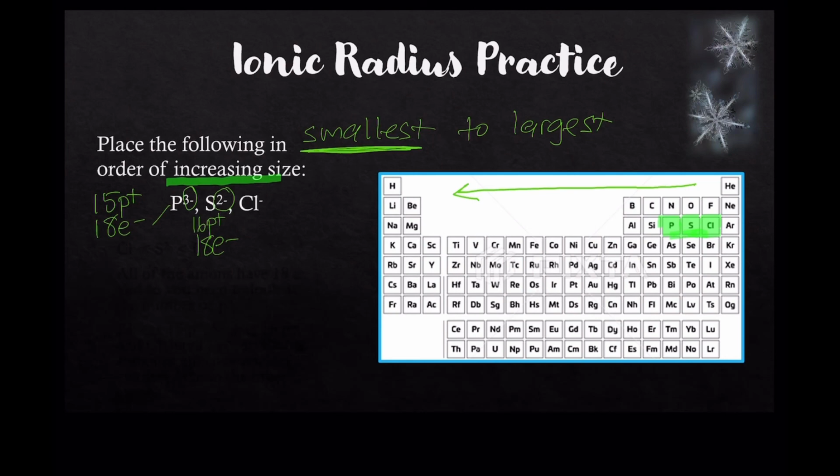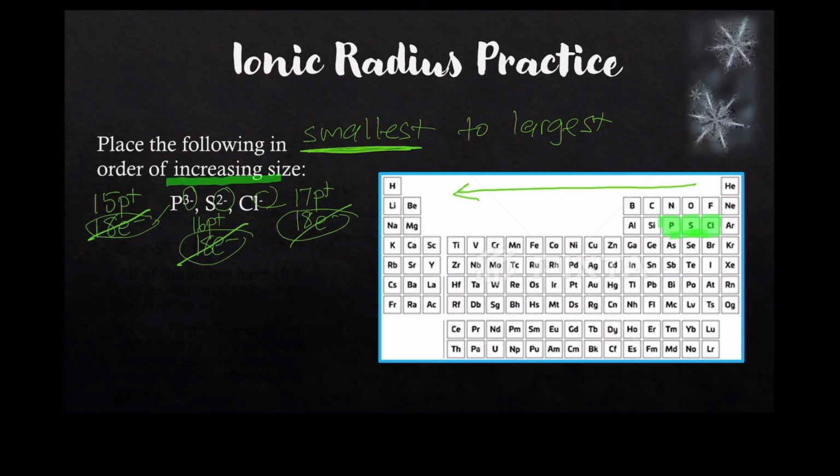Finally, you have chlorine. Chlorine has 17 protons, and chlorine, the atom, has 17 electrons. But because we have a -1 charge here, that means chlorine will have gained an electron to have 18 total electrons. So notice how the electron number is the same for all of these ions. For that reason, we can't use the electrons as our determining factor in figuring out which ion is smaller or which ion is larger. So we need to look at the effective nuclear charge or look at the number of protons.